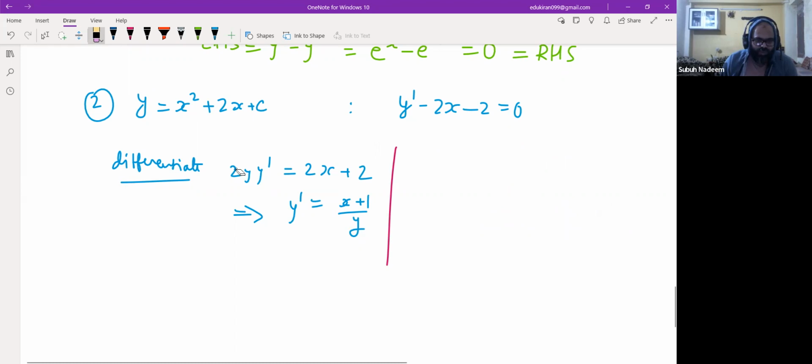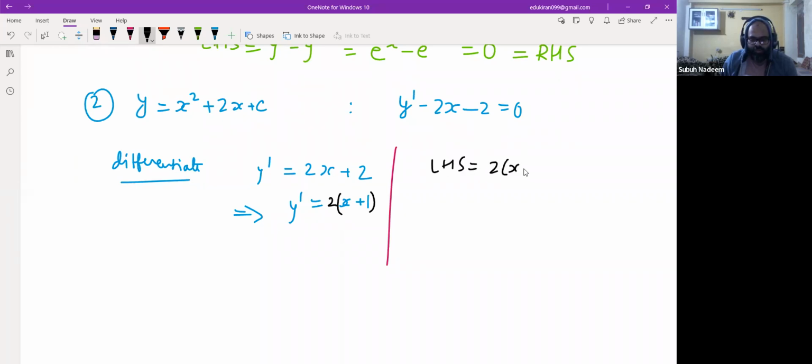So in that case, you will get y dash is equal to 2x plus 2, and y dash is equal to 2 times x plus 1. So when you put it in the left hand side, y dash is 2 of x plus 1 minus 2x minus 2. This will be 2x plus 2 minus 2x minus 2 is equal to 0.